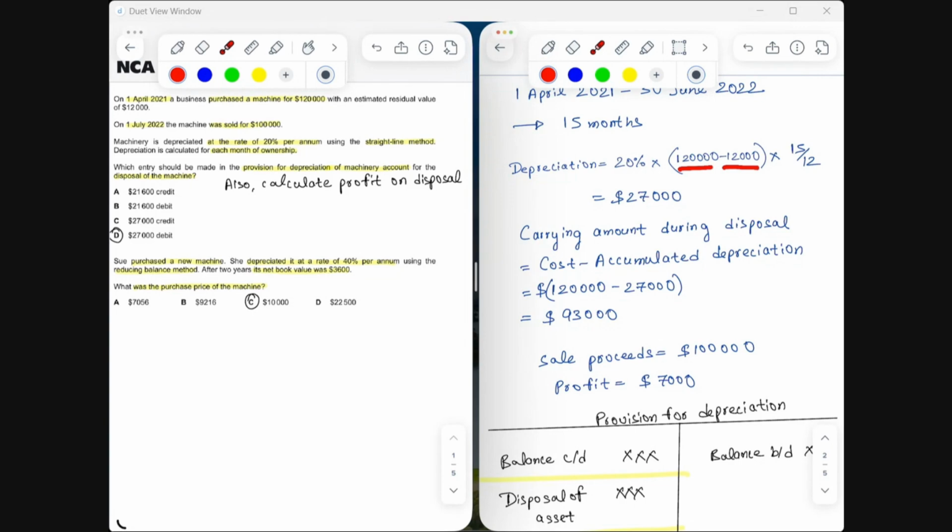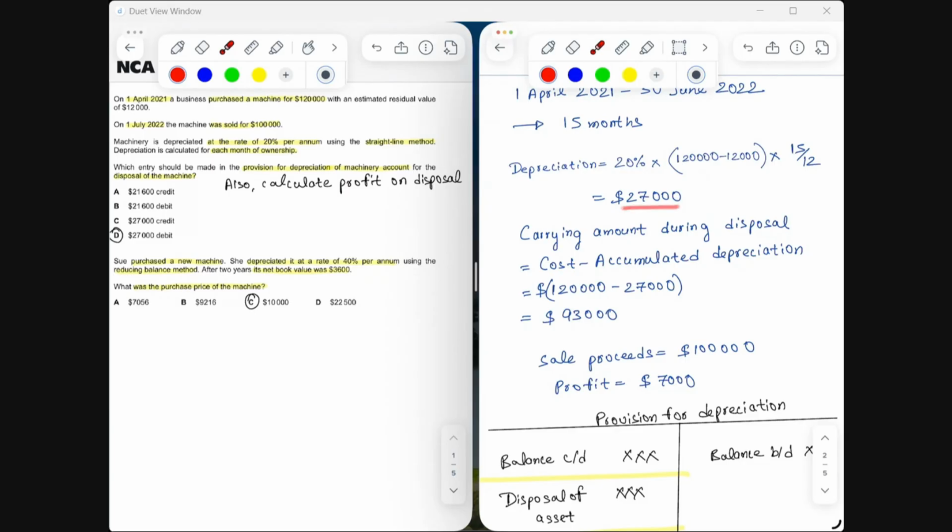Now, then we multiply it with 15 over 12. Now we understand that 20% is an annualized rate, which means it is valid for 12 months. But we are converting this 12-month value into a 15-month value by multiplying it with 15 over 12, which then apportions this 20% into a 15-month rate. So that gives us a depreciation of $27,000 for the 15 months.